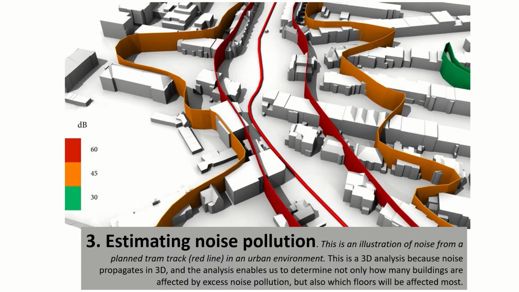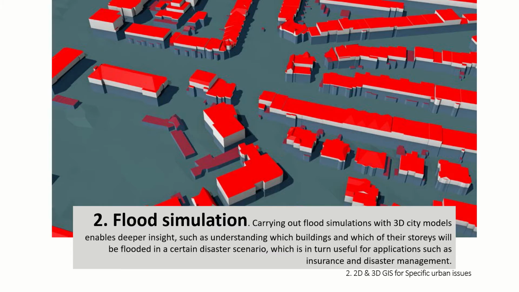Of course, we do this in planning as well. For example, one of my doctoral students is developing a model on how change in topography increases urban floods. We are trying to use 3D GIS for that, to understand how we have first of all altered the topography.